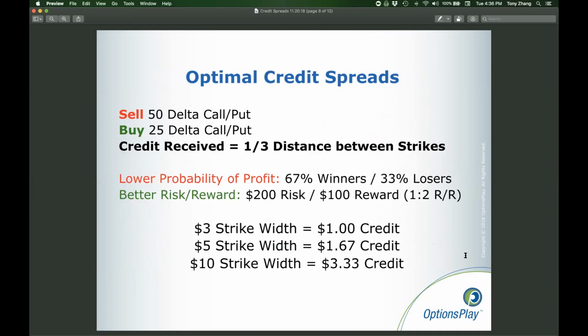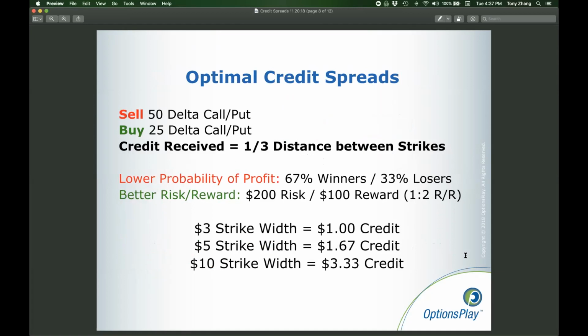So now that we've understood a little bit about how to construct credit spreads and the difference between selecting different strike prices, what I wanted to show you guys is, based on our research, what the optimal credit spread looks like. And this may not be what you guys want to hear, but this is based on historical research over the last about 7 years worth of backtesting on credit spreads.